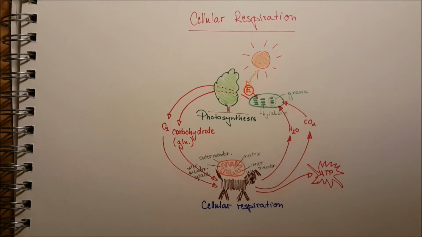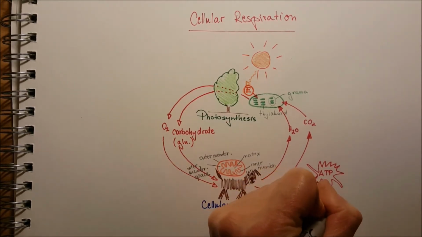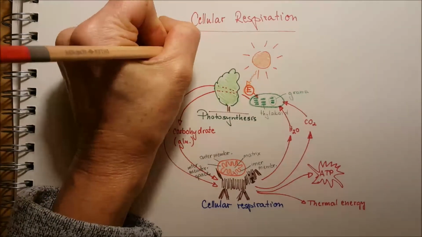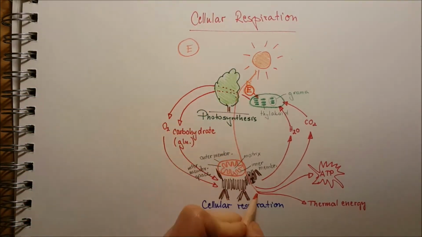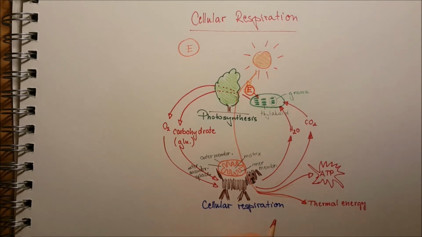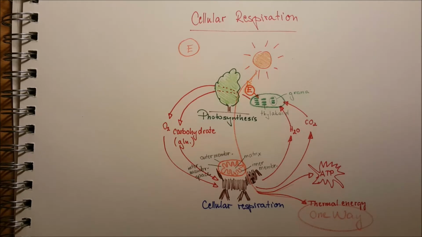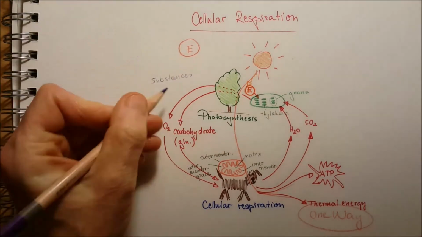Besides producing ATP through cellular respiration, the thermal energy is also a byproduct that is not needed, but the effectiveness of the cellular respiration is not 100%. So the energy comes from the light and turns into thermal energy, as well as ATP, and the energy's way is one-way reaction.